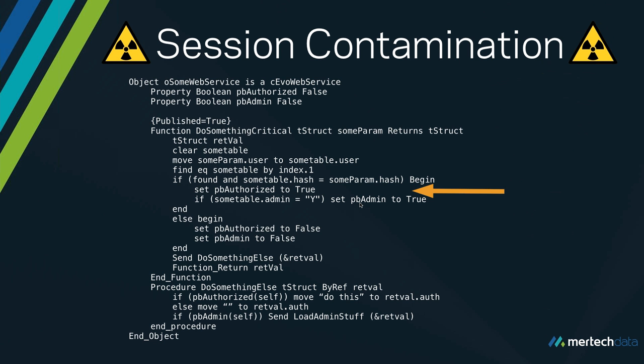So let's run through the function and see what happens if someone comes in that happens to be an admin. We're going to come into our function here. We're going to find the user whose hash matches. We get into here, we set authorized to true, and the admin state on this user is true, so we set admin to true.